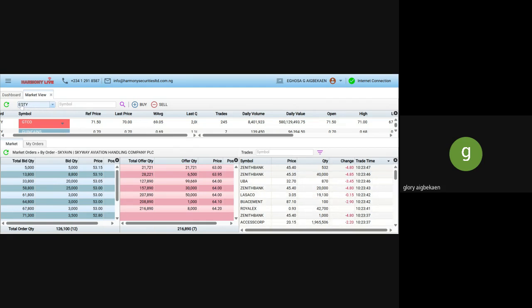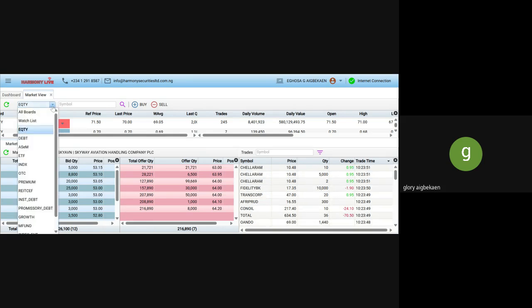That's where I am. There's a drop down here, you can drop this down and all the boards will come out. So it's always very good that you know the board where the stock you are trading is located. Like GT Bank is located in equity boards.